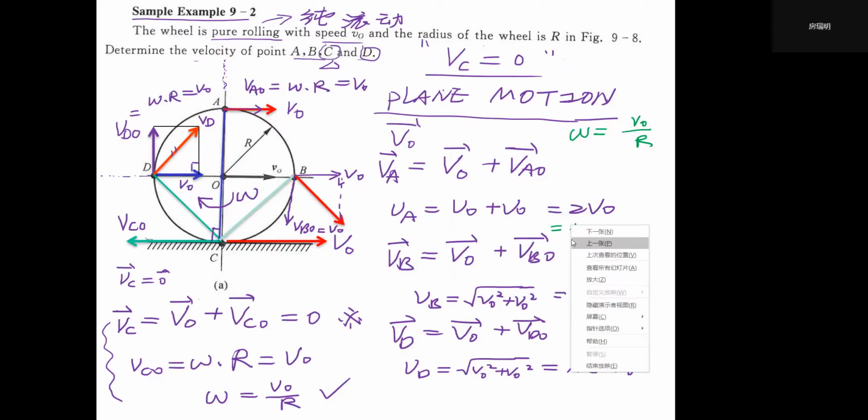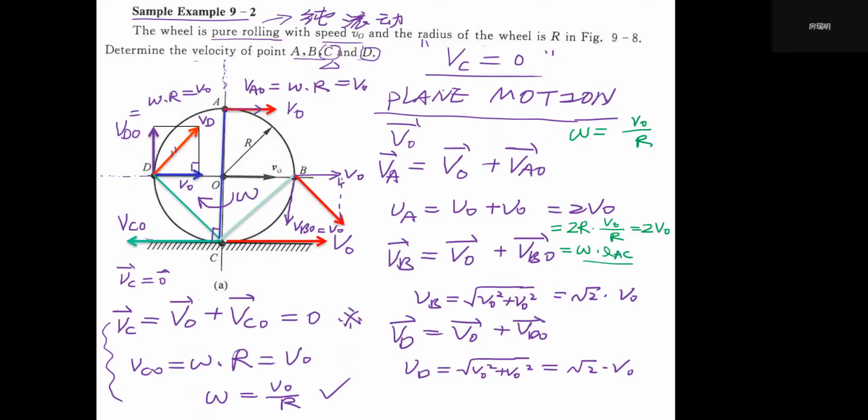Let's use this 2R times omega, which is V0 over R. It will be eliminated by this R, and then we have the same result. That means VA actually equals omega times LAC. So that is a finding.